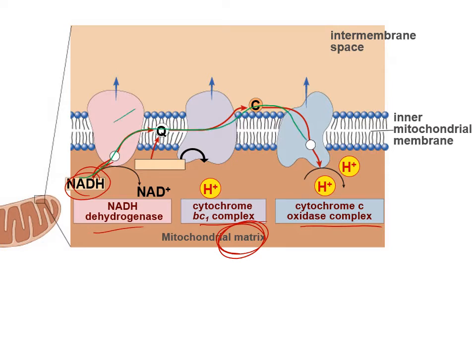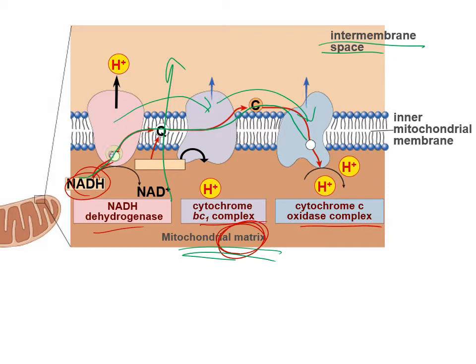So again, they're moving from one electron carrier to the other, and as they do this, the electrons themselves are moving, and that is allowing a conformation change in these proteins that pump hydrogen ions into the intermembrane space out of the matrix. So as these electrons are moving, we're getting hydrogen ions pumped into the intermembrane space.